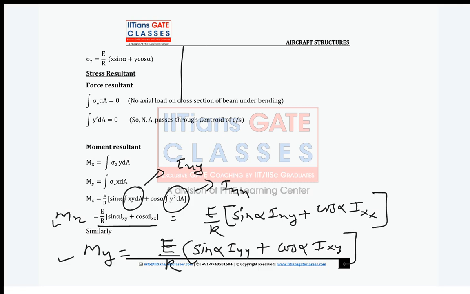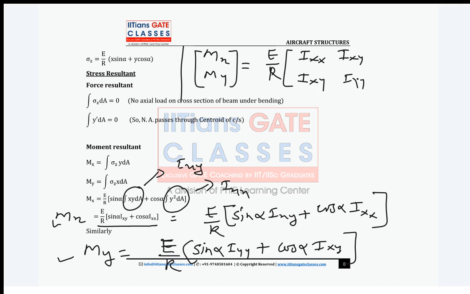Mx, My equal to E by R, then Ixx, Ixy, then Ixy, Iyy.